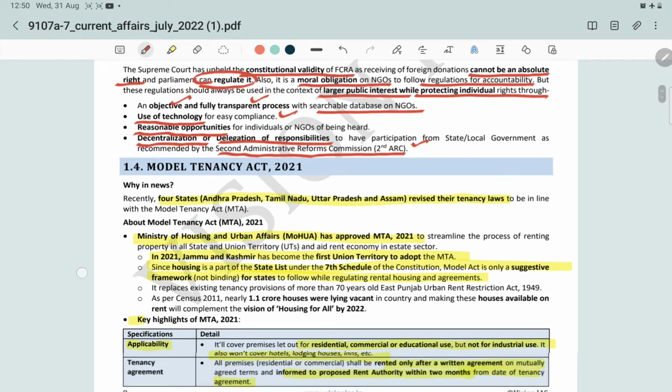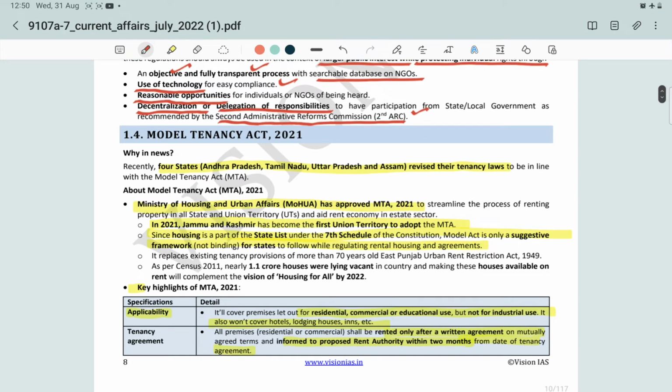And the next topic is the Model Tenancy Act. Why is this Act in news now? Because recently the 4 states, that is Andhra Pradesh, Tamil Nadu, Uttar Pradesh and Assam, revised their tenancy laws to be aligned with the Model Tenancy Act.